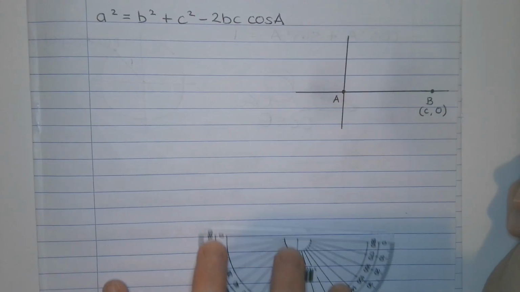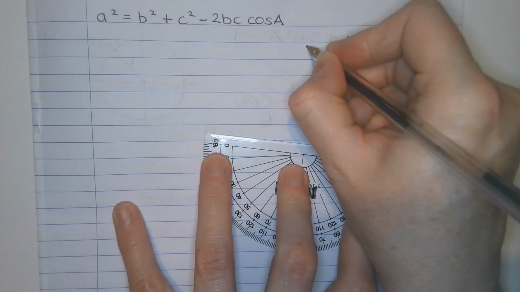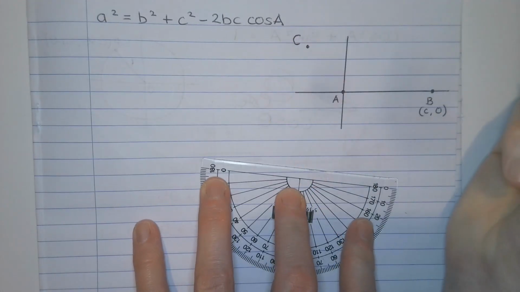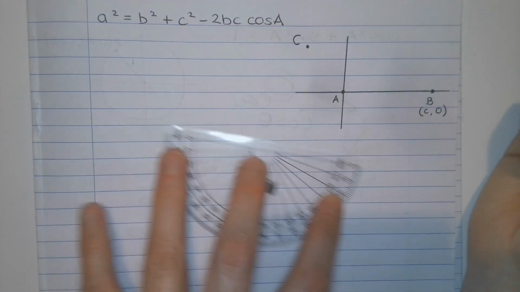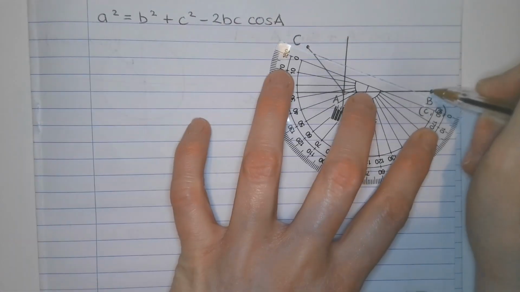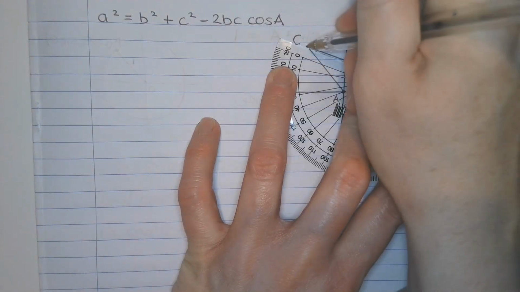And then it will have a point C over here as its other vertex, making an obtuse angle. So we join those together, and we'll make our triangle.